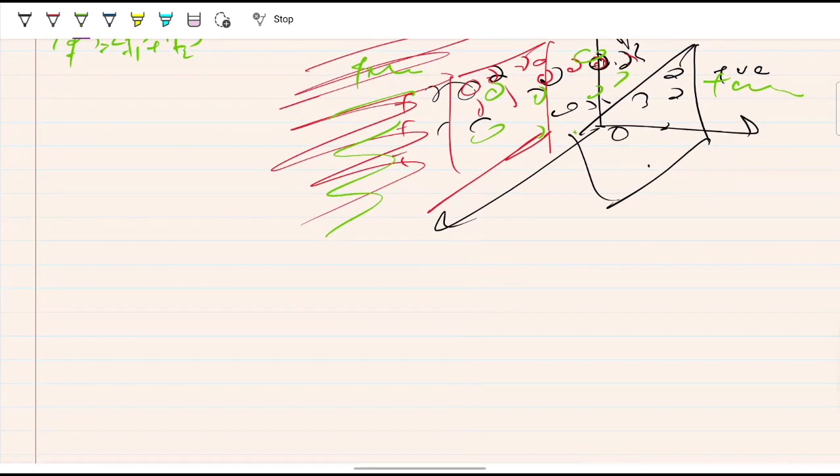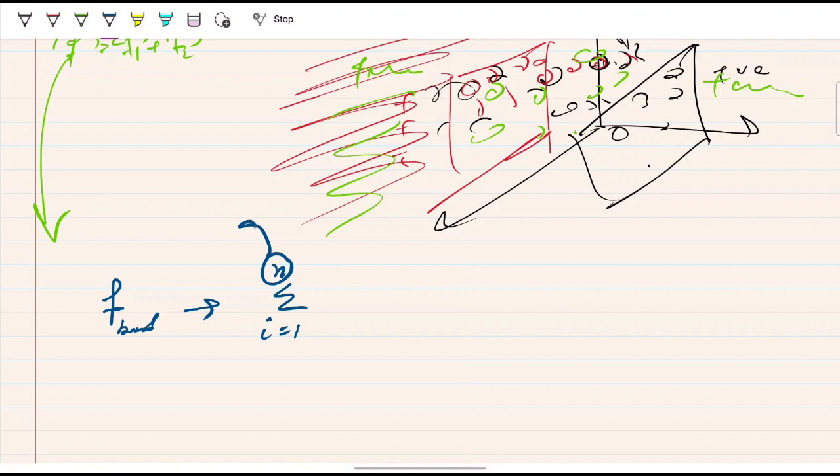So we can generalize this. By adding the surfaces, you will get a volume. How? You write a function f for bodies, given by the summation of i equal to 1 to n, where n is the number of planes, of the Macaulay brackets of a_i x plus b_i y plus c_i z minus d_i.